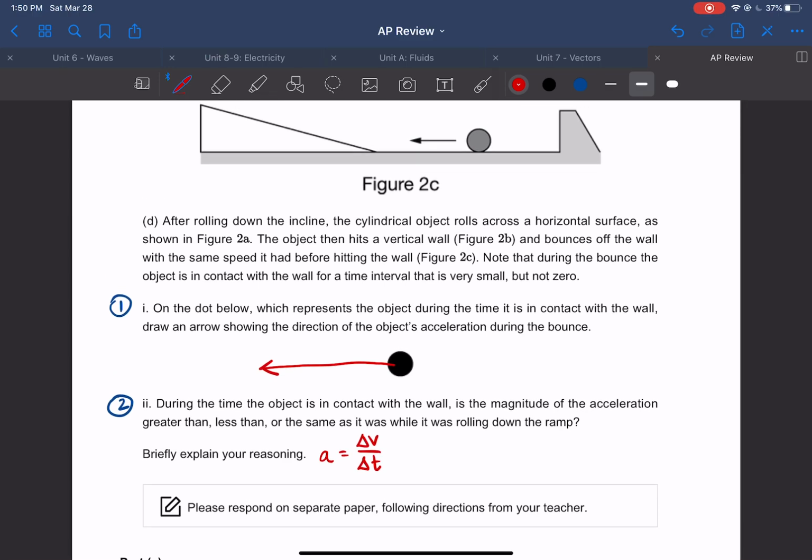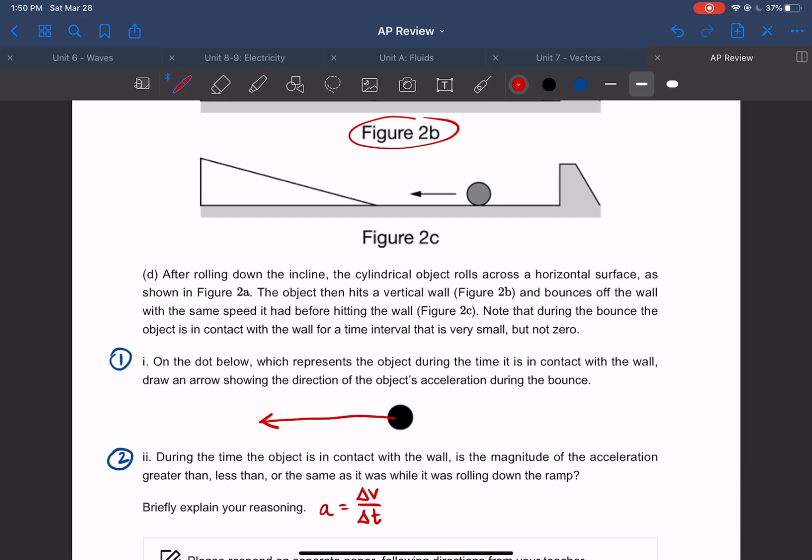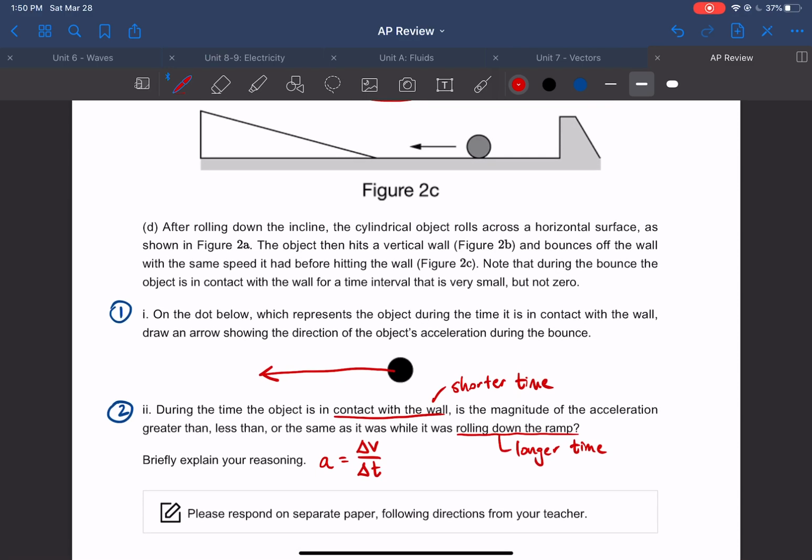Well, if you think about the time involved in the two processes, when the ball is rolling down the ramp, this takes a longer amount of time. When the ball is in contact with the wall, that happens for a very short amount of time. So the acceleration caused by the ball colliding with the wall happens over a much shorter time period than the acceleration of the ball rolling down the ramp.